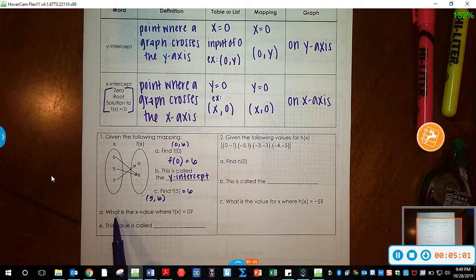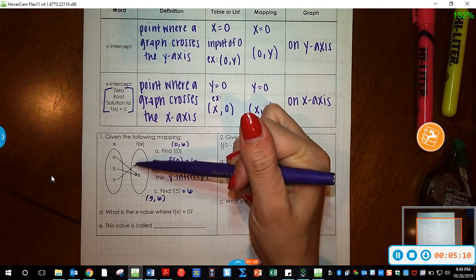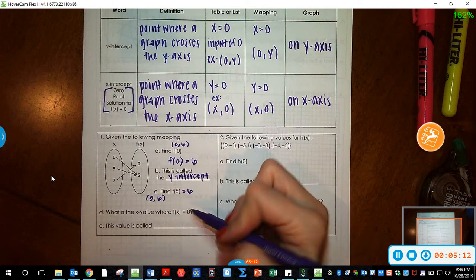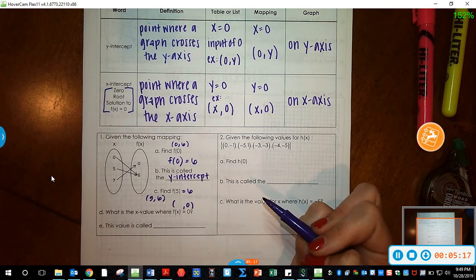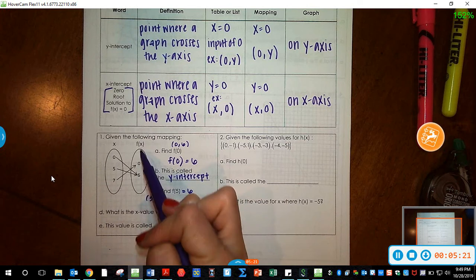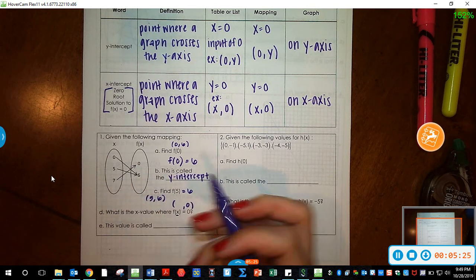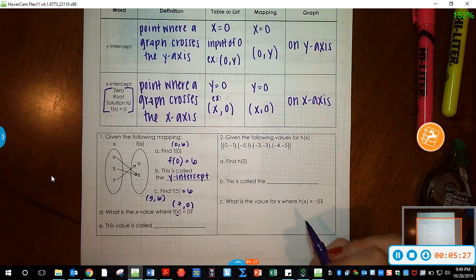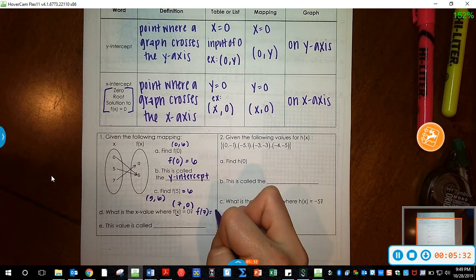Then it says, what is the x value where f of x equals 0? So now they're saying f of x equals 0. So now they're giving me the y is 0. And they want me to find my x. So I go to my f of x is 0, 7. So f of 7 equals 0.